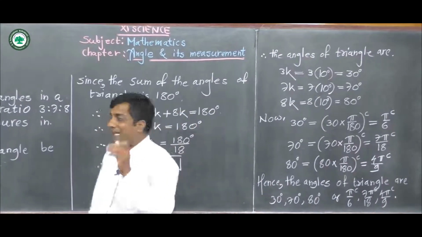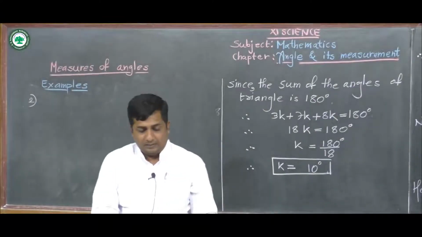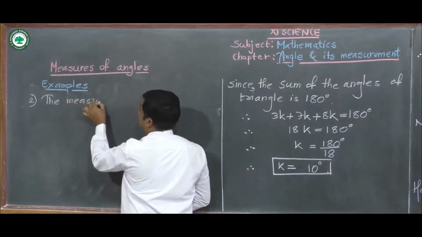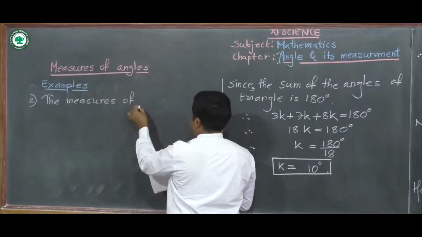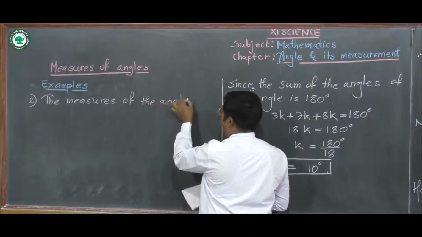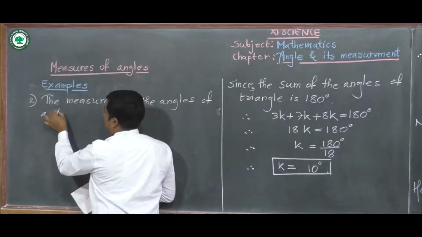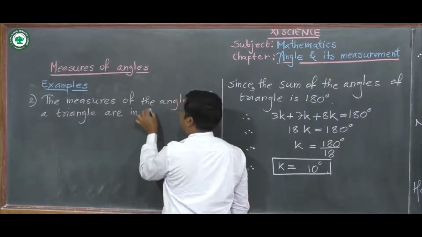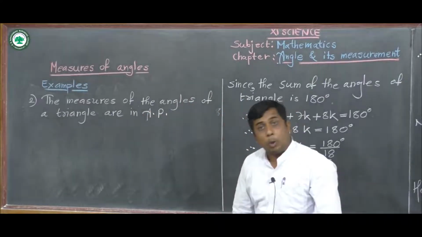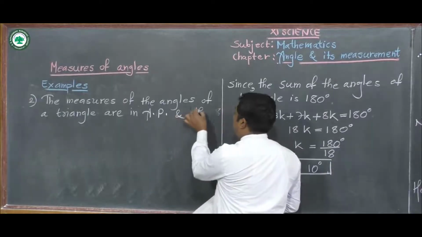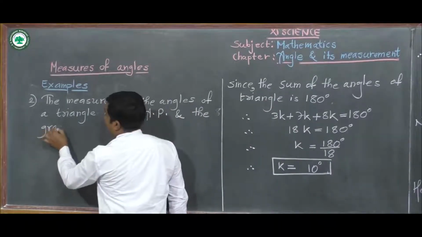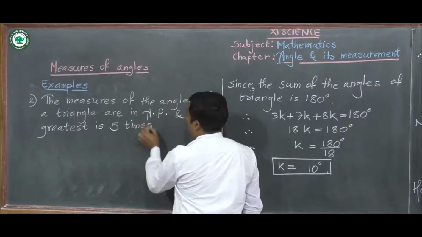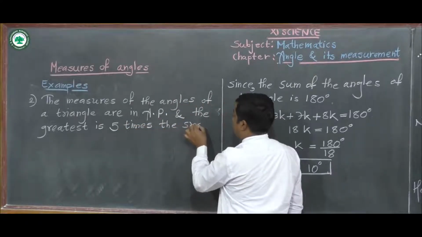Okay, let's go with our second example. Here in the second: given the measures of the angles of a triangle are in AP, meaning arithmetic progression, and the greatest is 5 times the smallest.